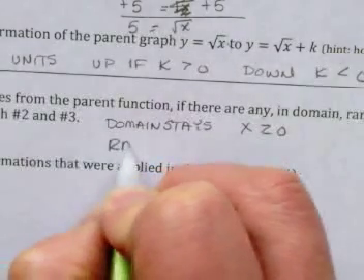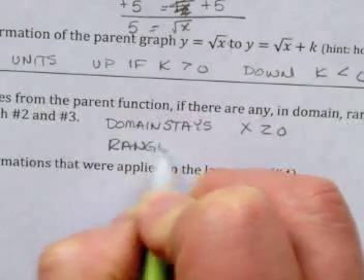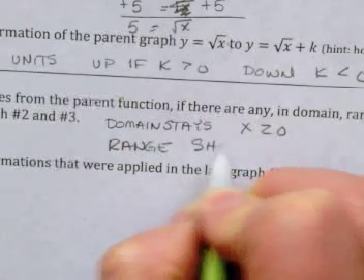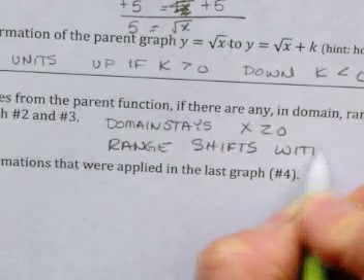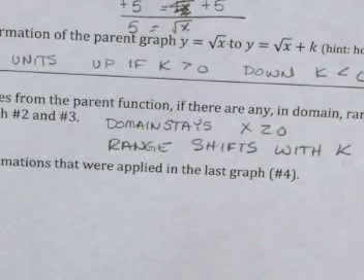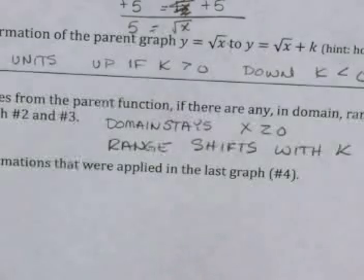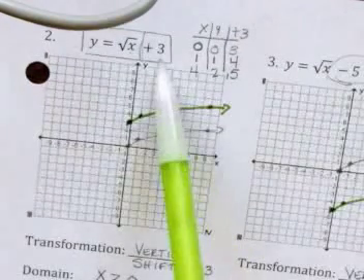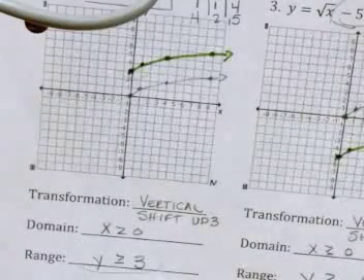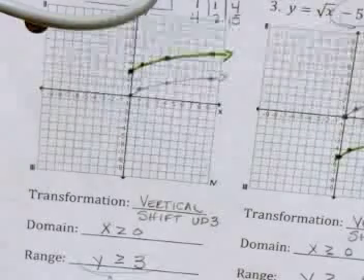But my range shifts with k. And k is actually going to determine my range. Let's look back at these functions. In example 2, k was 3, and my range is y is greater than or equal to 3.